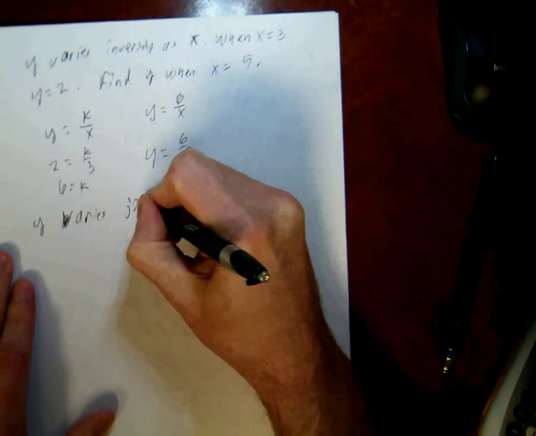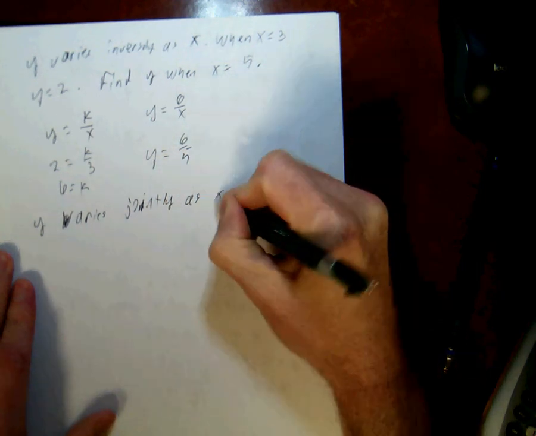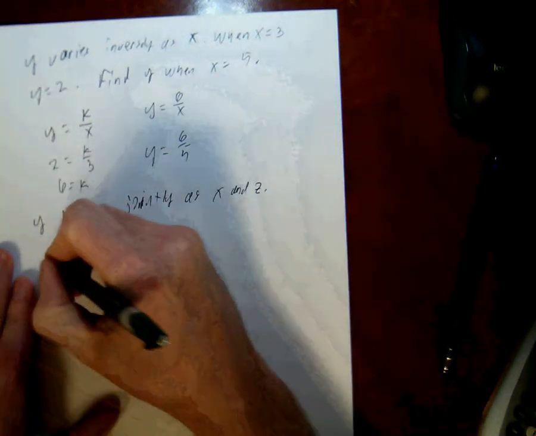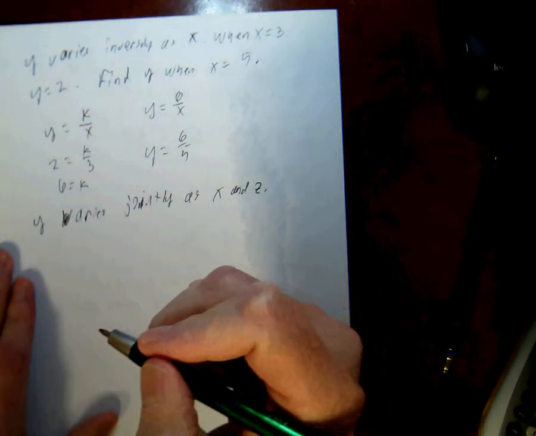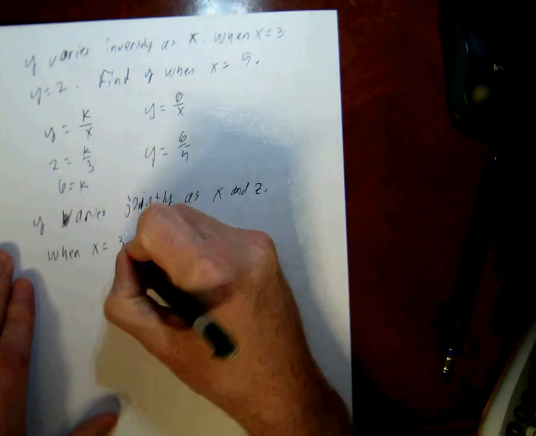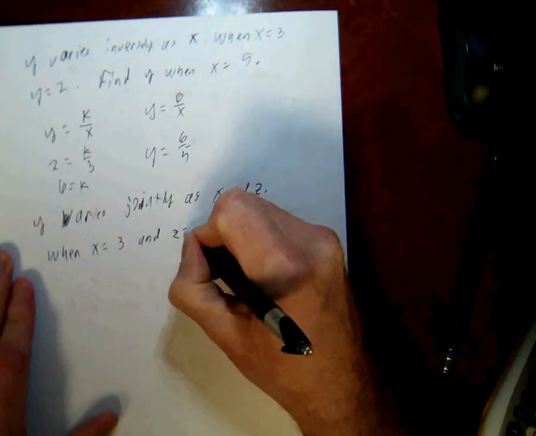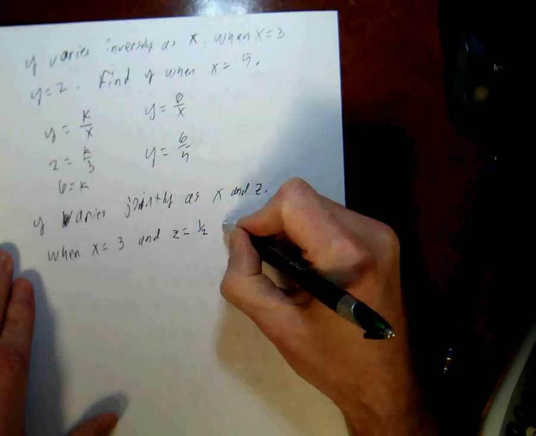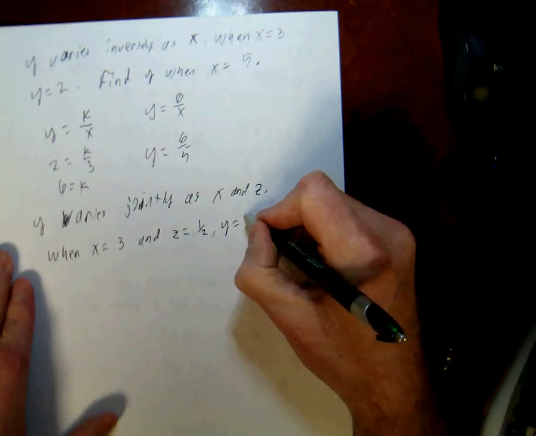varies jointly as x and z, I'll say when x is equal to 3 and z equals 1/2, y equals 7.